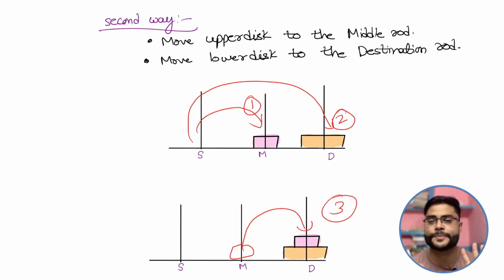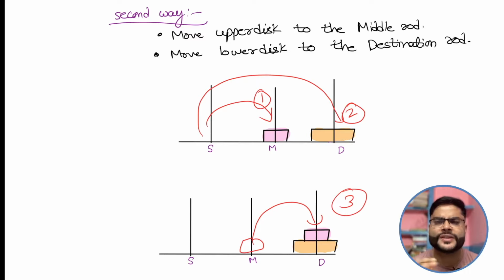The first way took 5 steps to move all the disks from source to destination. In the second way, it took only 3 steps to move all the disks from source to destination. If I observe something with this example, what I can observe is, if somehow I move my heaviest disk to destination first, I can reduce my steps to move all the disks from source to destination.